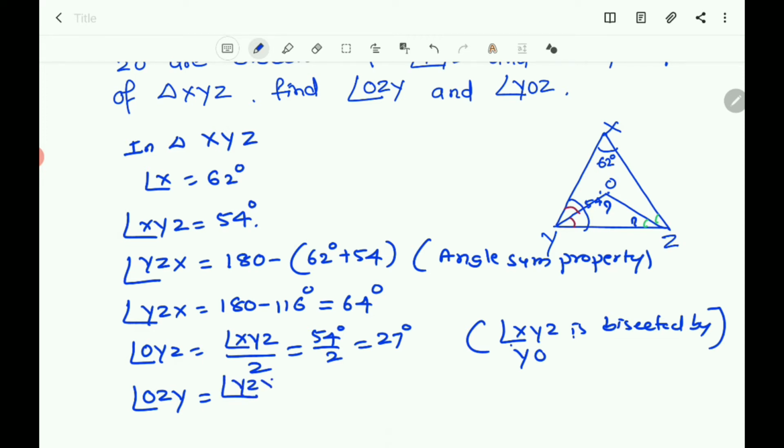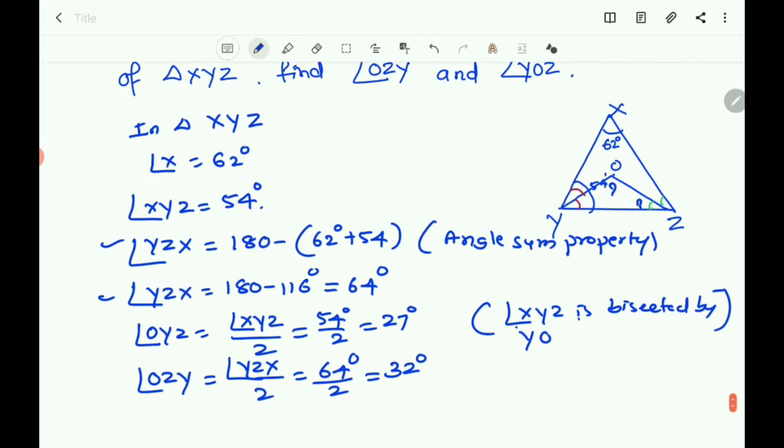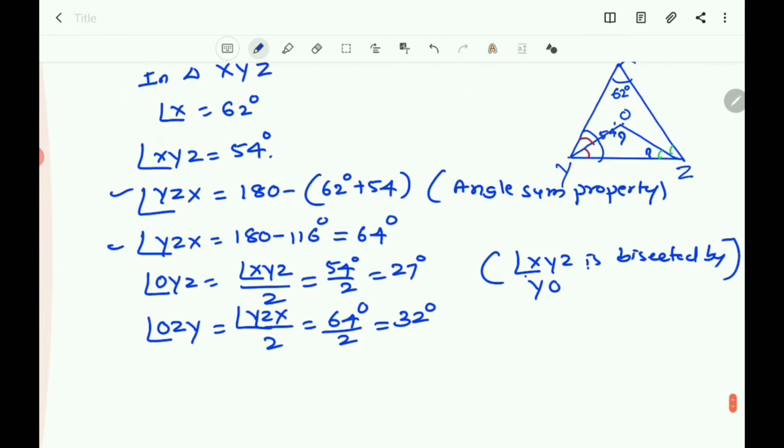Angle YZX by 2. YZX you have here, that is 64 degrees by 2. 64 degrees by 2 is 32 degrees. Therefore, in triangle OYZ, here also you can give the reason.